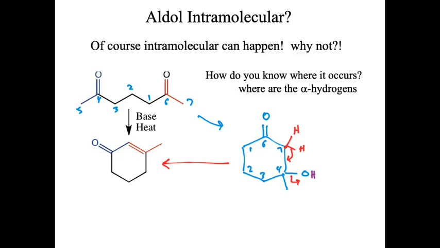When it comes to the Robinson annulation, there are 4 nucleophilic sites, 3 electrophilic sites. That's a whole lot more chemistry that you've got to deal with. You should draw each and every single one of those possibilities so that you get an idea of how that chemistry is working.